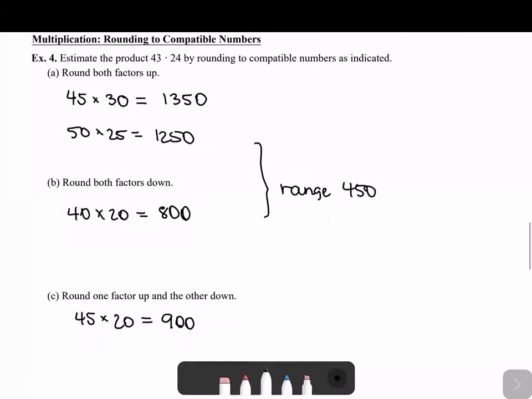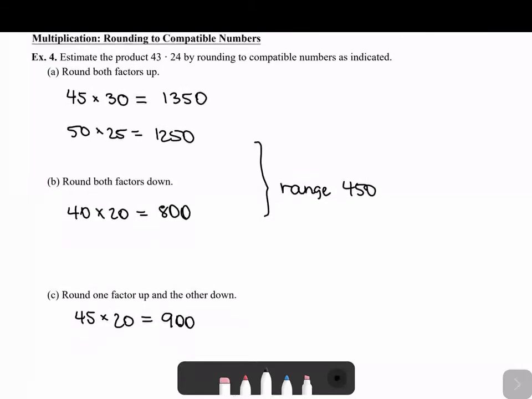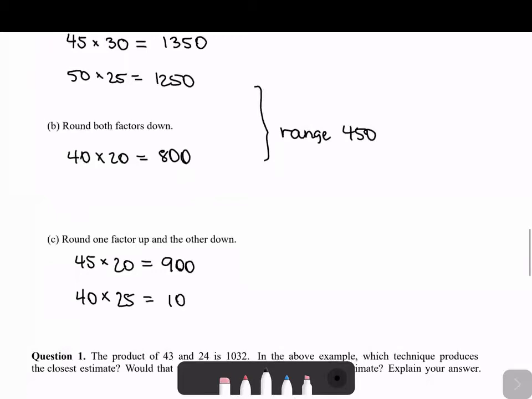Or if we choose to round 43 down to 40 and 24 up to 25, here we will get 1,000. So again, these are pretty close.